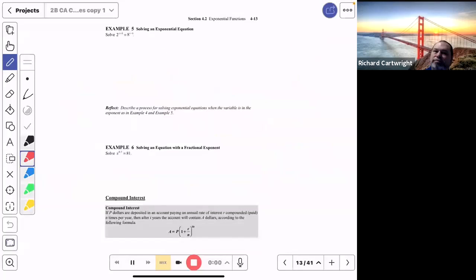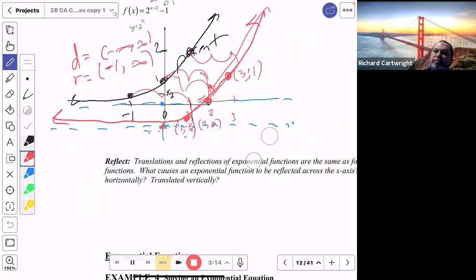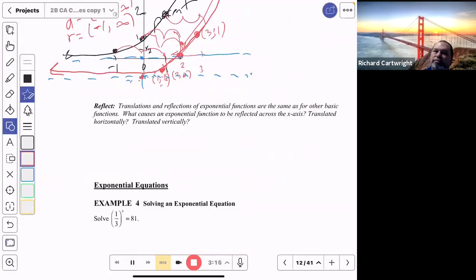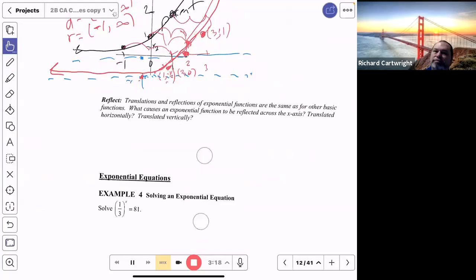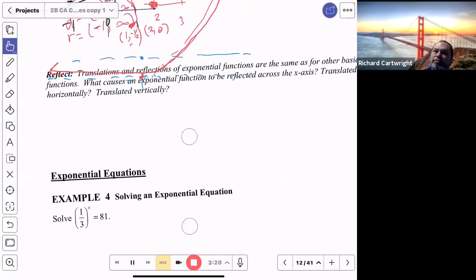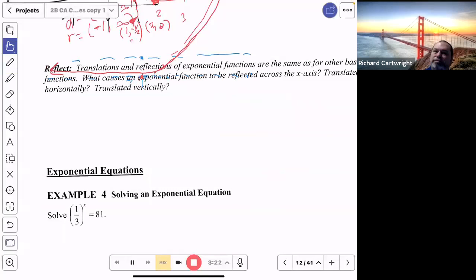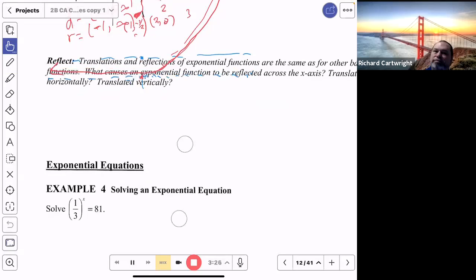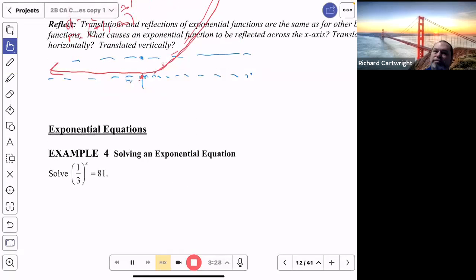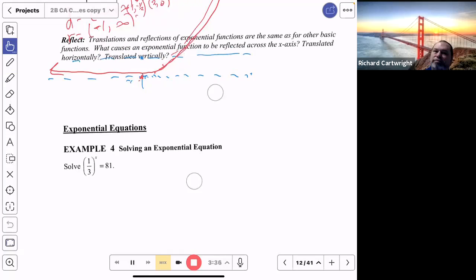Okay. Was there more on that page? I don't think so. Oh, yeah, there was. We are going to graph, we're going to solve equations. Huh, that's a weird problem to start out with. Why is that moving?